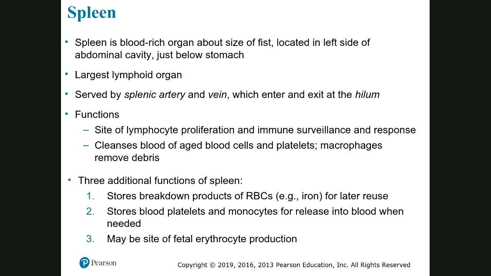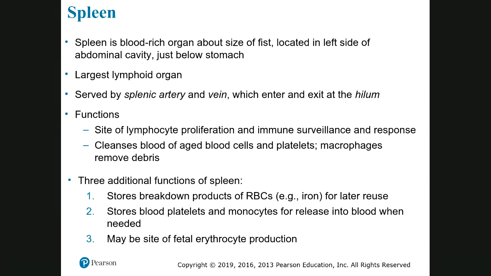So the spleen, as I said, is the site of lymphocyte proliferation and immune surveillance. It cleans the blood of aged blood cells and platelets, and macrophages remove debris there. It also stores breakdown products of red blood cells for later reuse, and stores blood platelets and monocytes for release into the blood when needed.